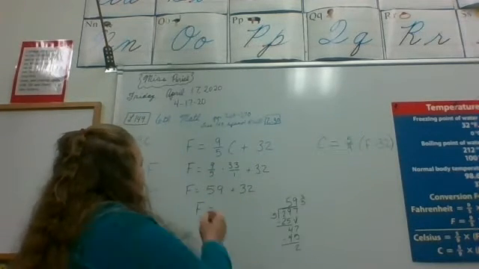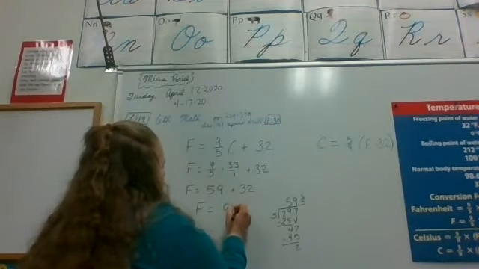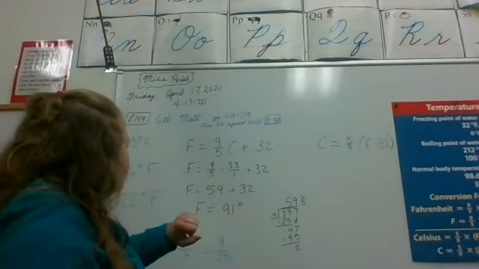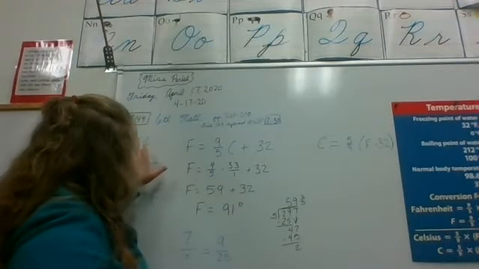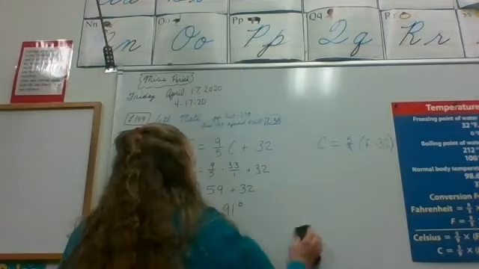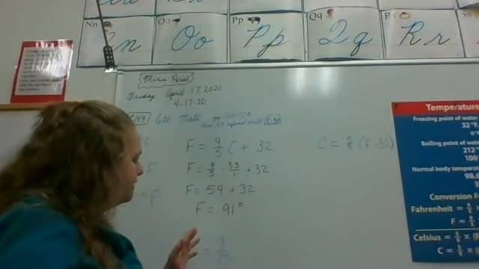If the Celsius is 33, our Fahrenheit is gonna be 91 degrees, okay? So 91 degrees Fahrenheit is equal to 33 degrees Celsius, okay? So that's our formula. I hope that made sense.